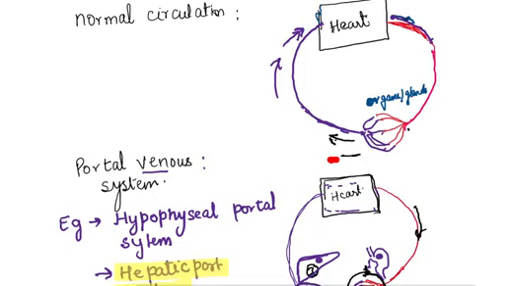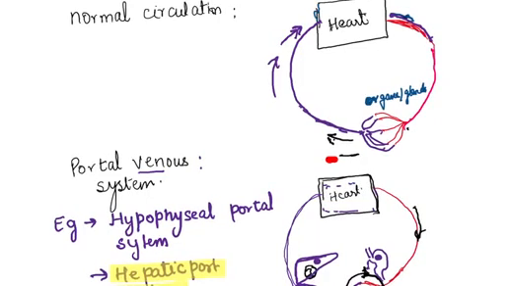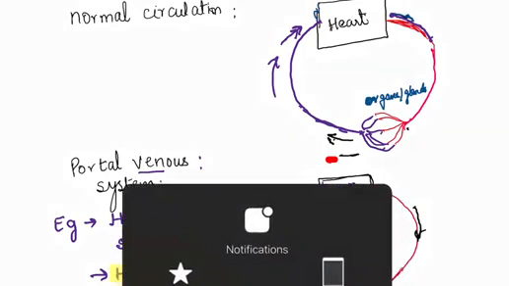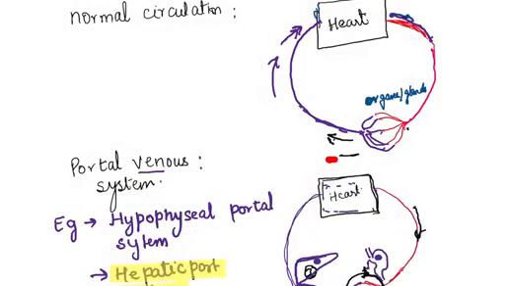But what happens in a portal circulation? In portal circulation, the heart pumps the oxygenated blood via arteries. These arteries then end up in one set of capillaries. For example, a capillary bed is formed at the level of the stomach.